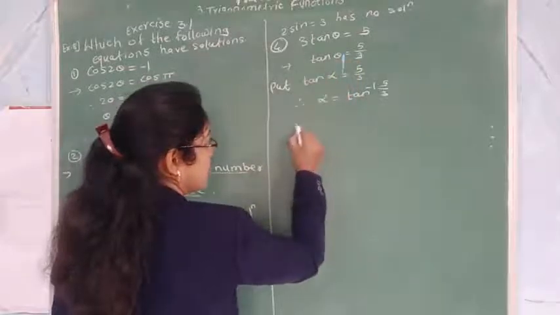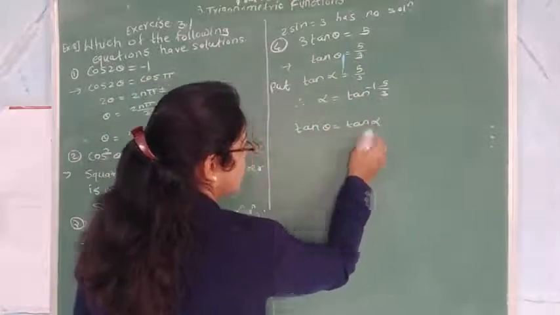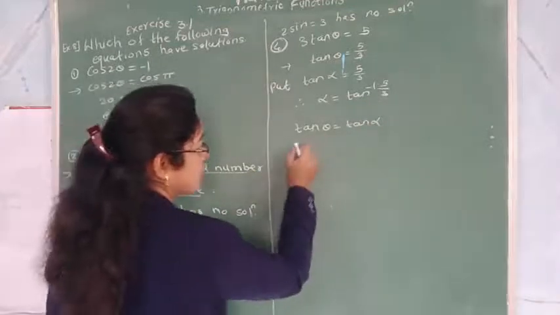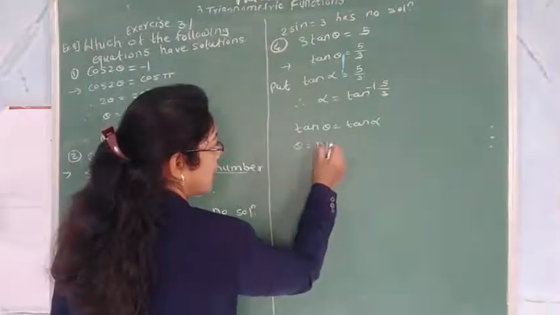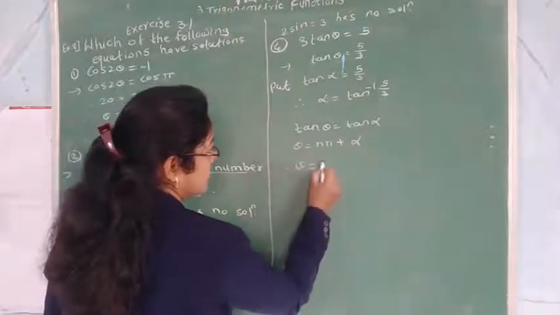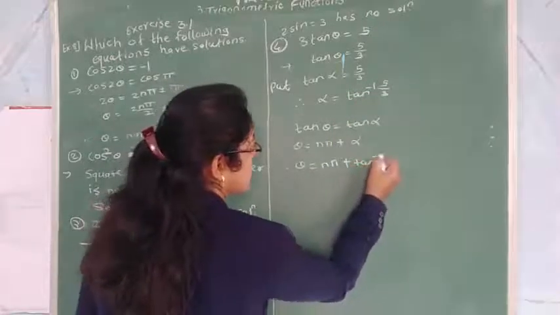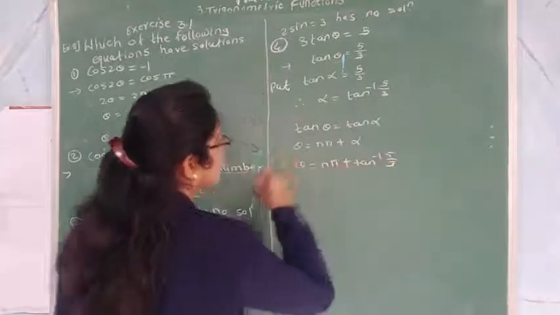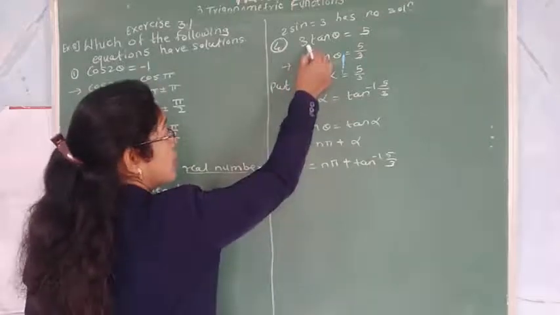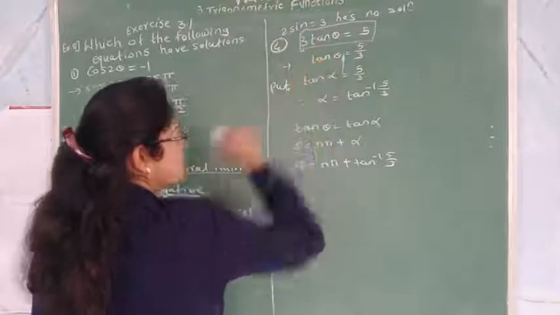So the equation becomes tan theta is equal to tan alpha, and this equation has a solution: theta is equal to n pi plus alpha. Therefore theta is equal to n pi plus tan inverse of 5 by 3. So 3 tan theta is equal to 5 has a solution.